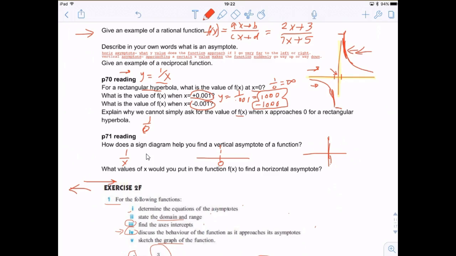So the values that I would put into x to find the horizontal asymptote is I would put a positive big number, and I would also put a negative big number. By putting each one of those into the function 1 over x, I can find out what the y value converges to. Okay? So we're going to see that work in the next problem.